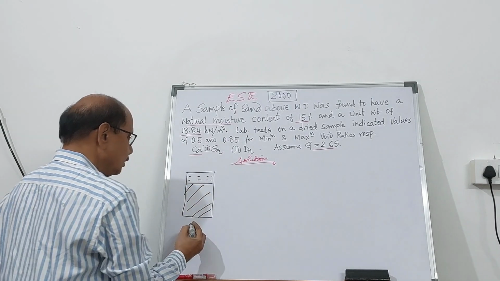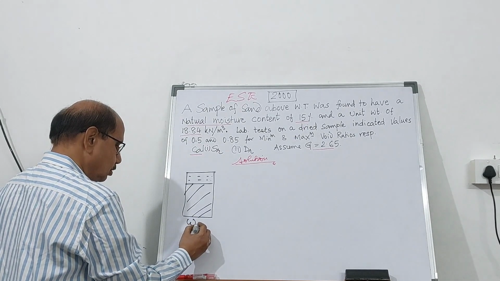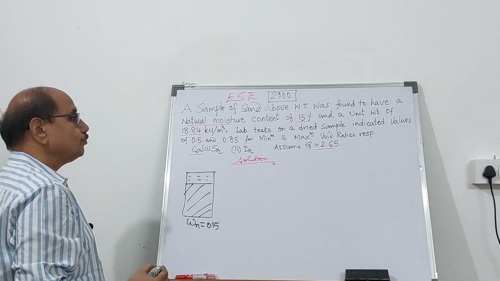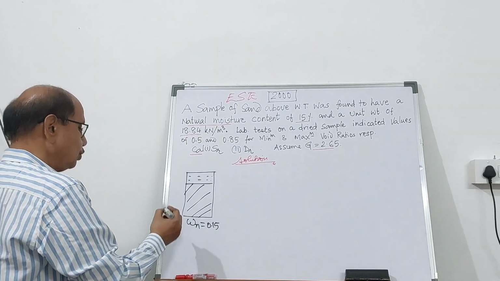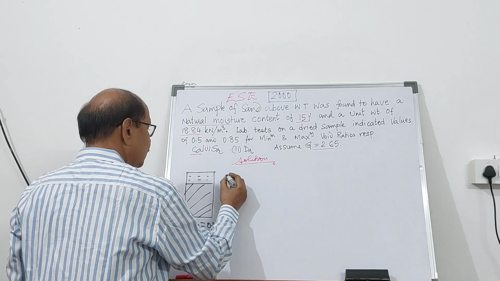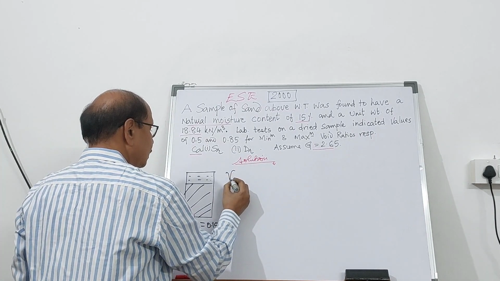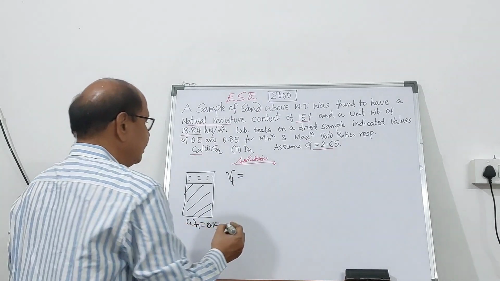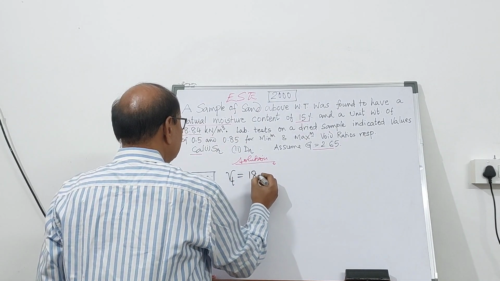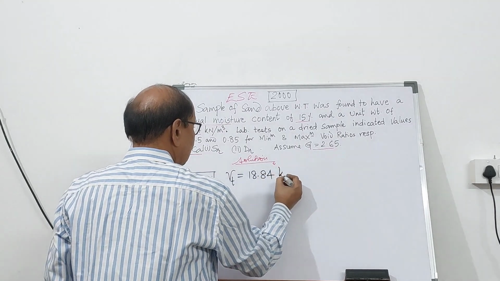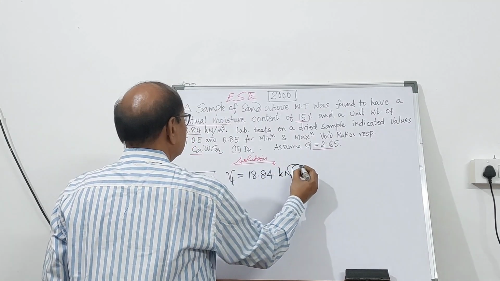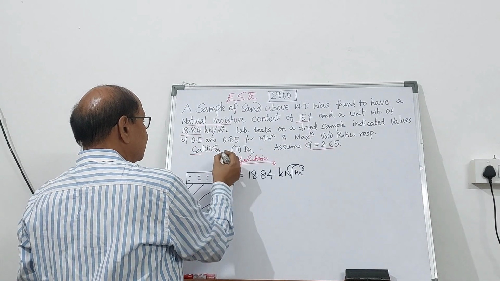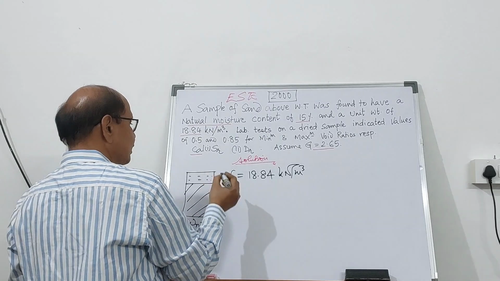So you are given the natural moisture content as 0.15, and the unit weight is also known to you. The sample has a total unit weight or moist unit weight of 18.84 kilonewton per cubic meter. Therefore, you need to calculate the degree of saturation, relative density, etc.